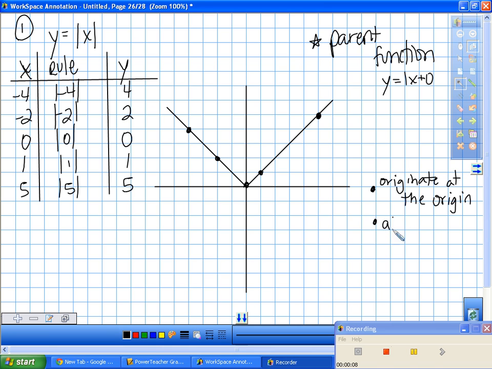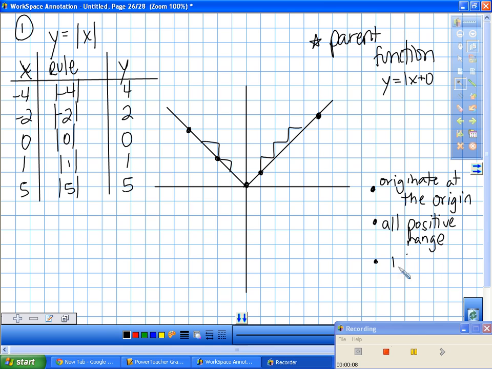So all positive outputs, or a range. And then we also notice that our lines, which are going away from the origin, have a slope of 1 over 1. And then the opposite side obviously has a slope of -1.